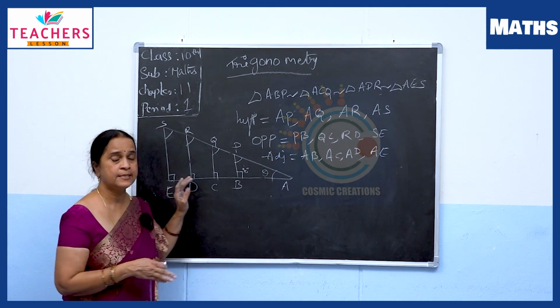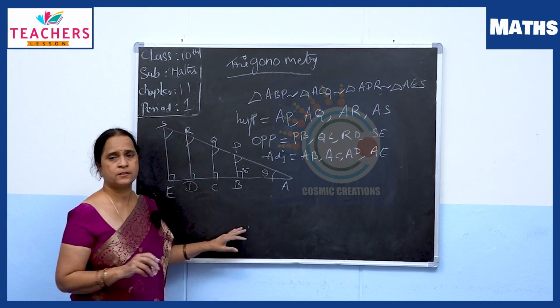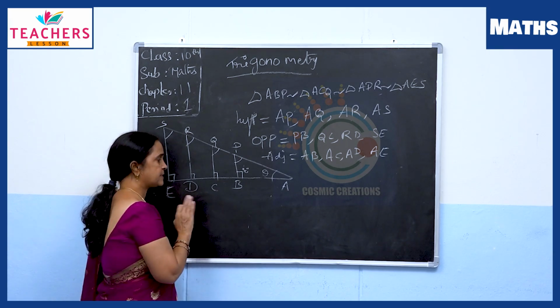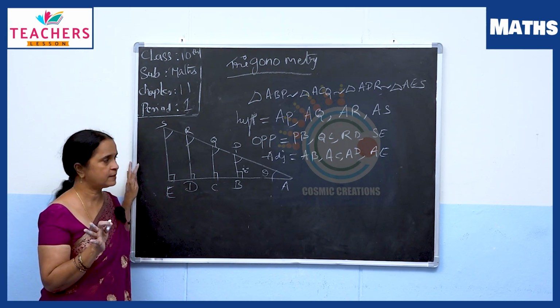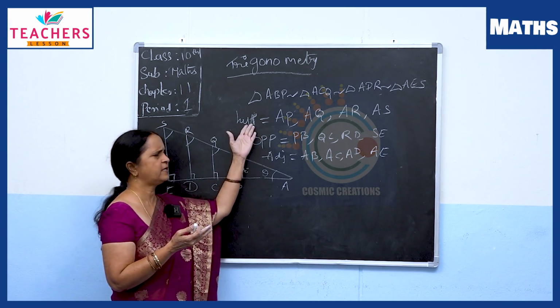Based on the similar triangles property, sides are proportion, whatever sides you take. First I am taking opposite and hypotenuse.